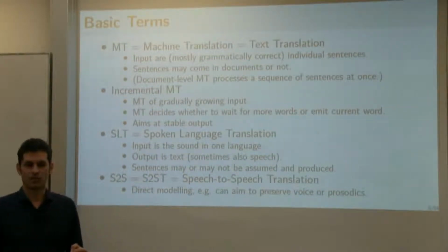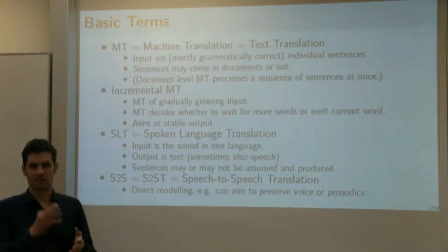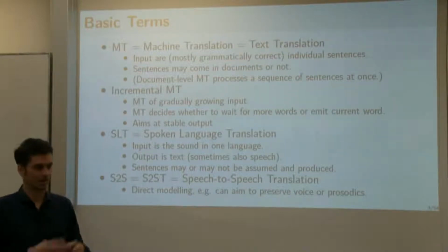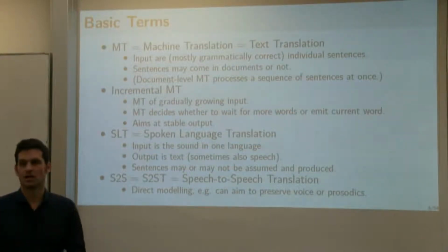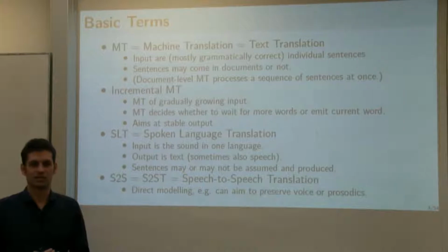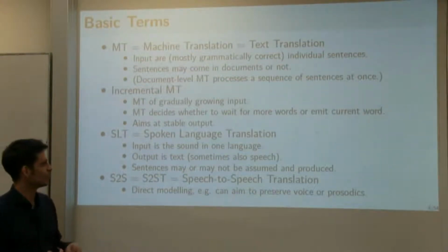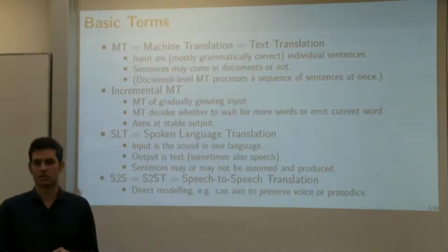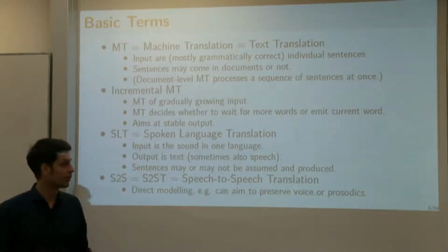So we would really have a deep neural network model which processes the time frames in the source language and produces time frames in the target language. And thereby it will handle all the differences and commonalities between the languages. And we also have a direct access to features that are outside of the verbal domain.